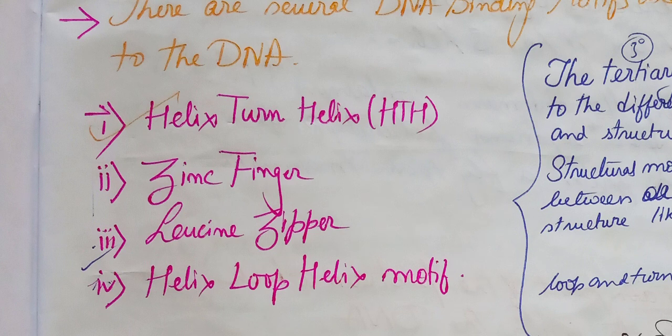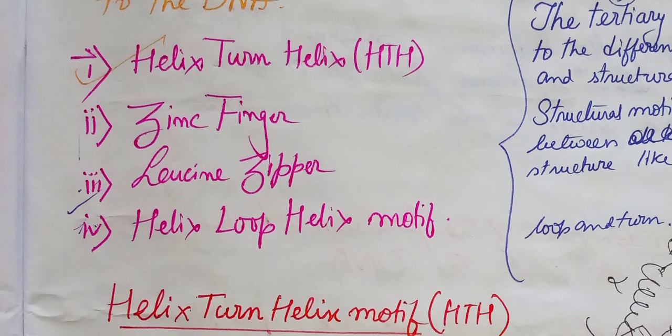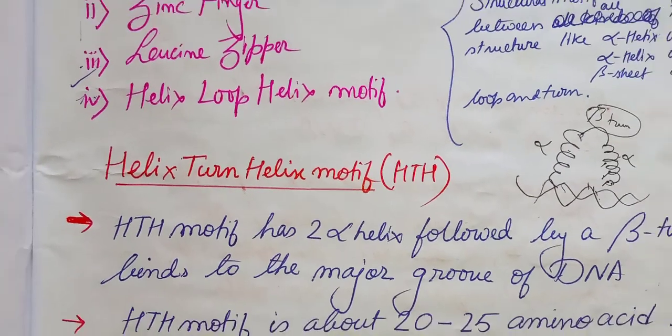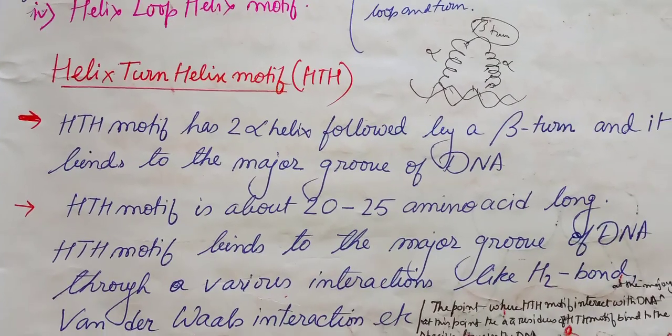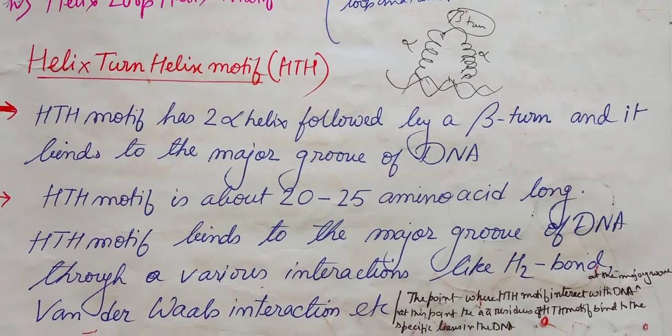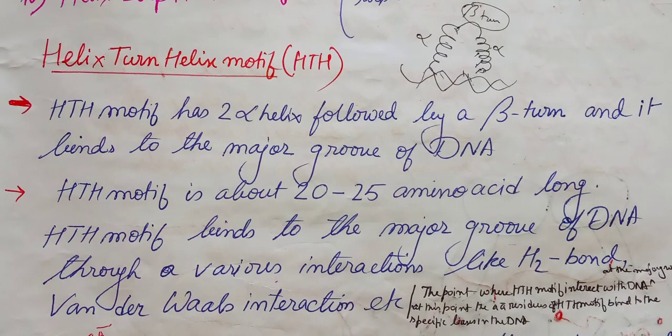Okay, so first I will begin with the helix turn helix motif, or HTH. Let us see what it is saying. The helix turn helix motif, or HTH motif, has two alpha helices followed by a beta turn, and it binds to the major groove of DNA.